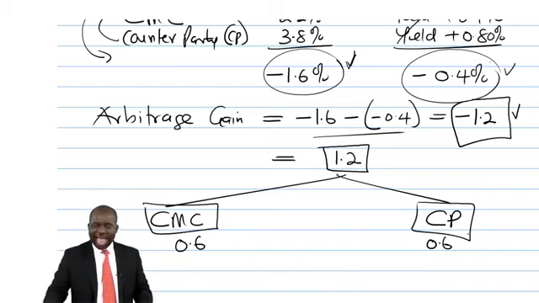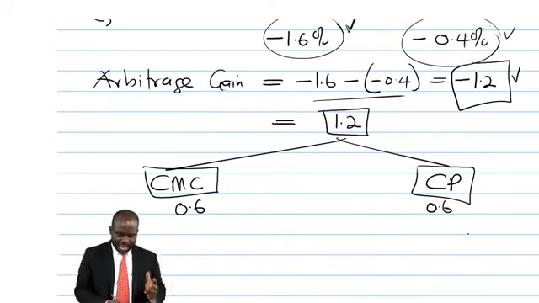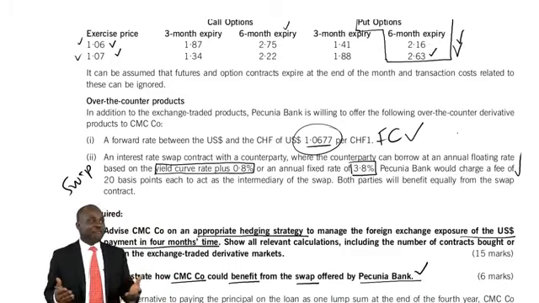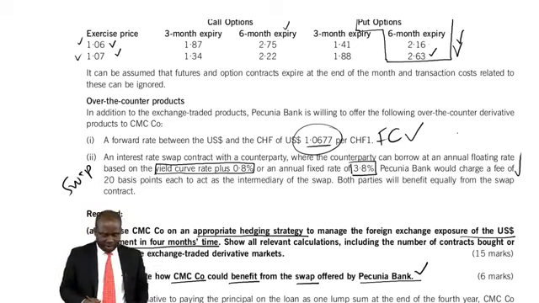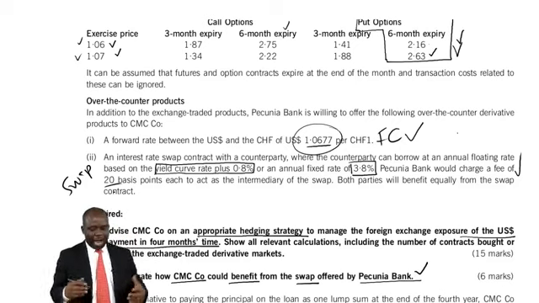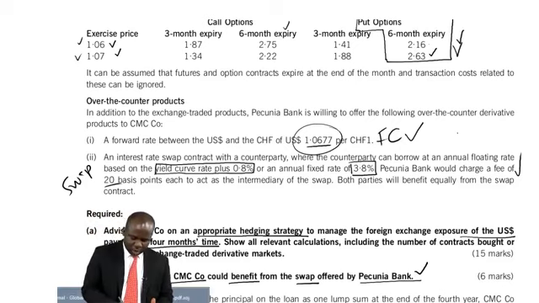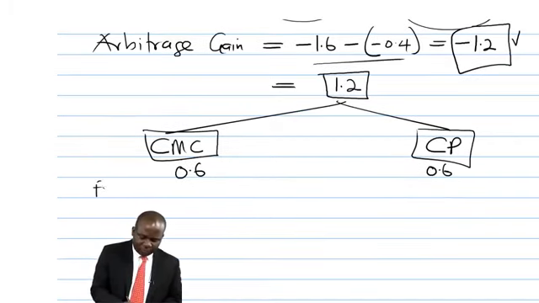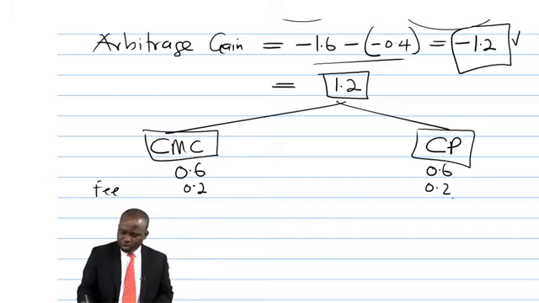We don't get everything because the bank manager who brought us together is charging a fee for serving as an intermediary, and they said Pecunia Bank will charge a fee of 20 basis points each to act as the intermediary. So when we enjoy the 0.6, we would have to pay a fee out of it, which is 0.2.